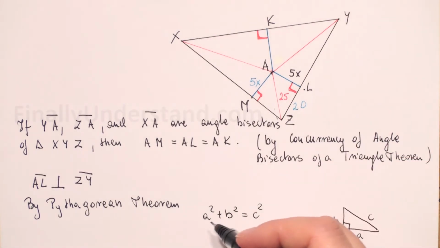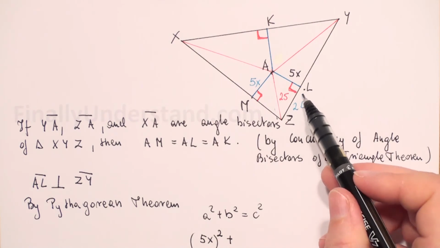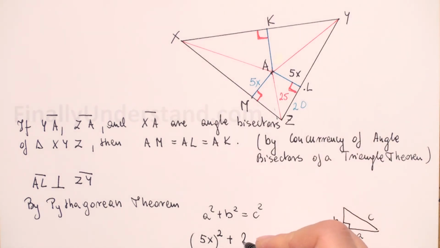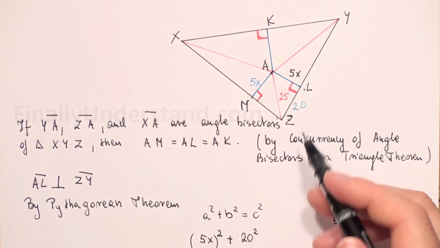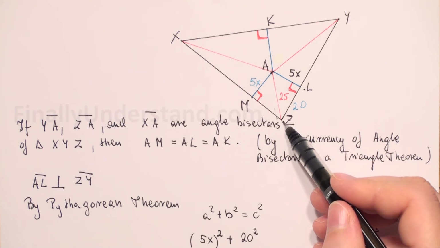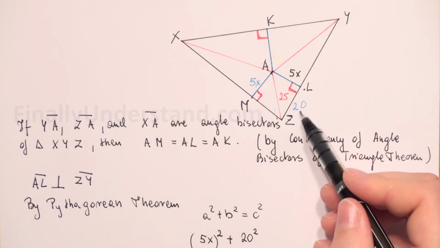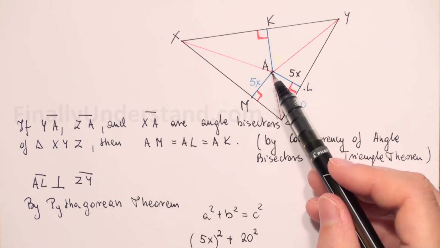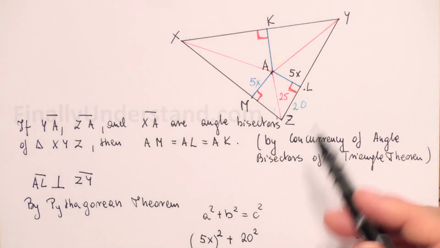So now we substitute: 5x to the second power plus the second leg, 20 to the second power, because we are given that segment LZ is 20 and AZ is 25.